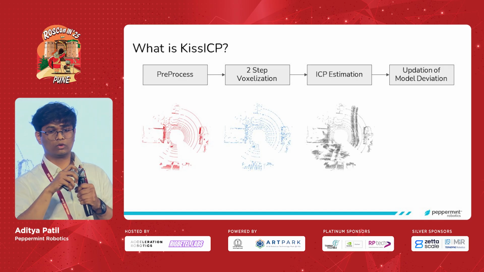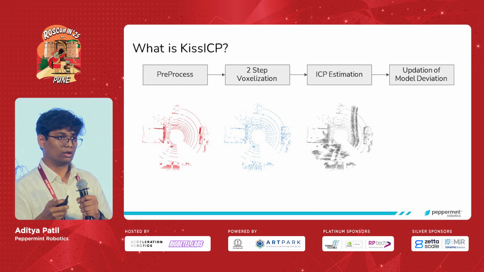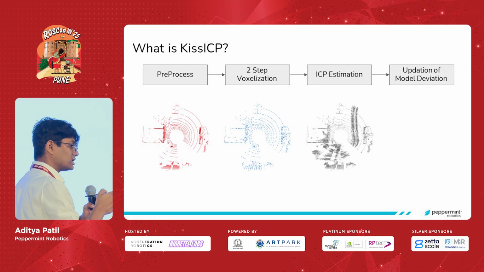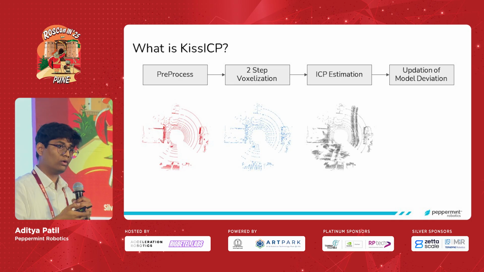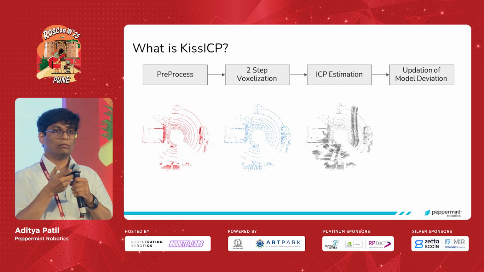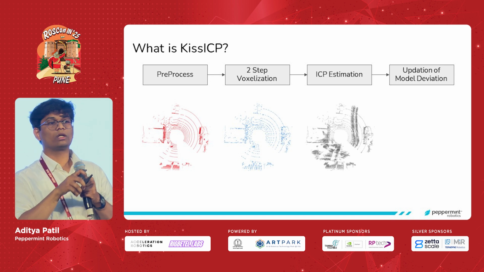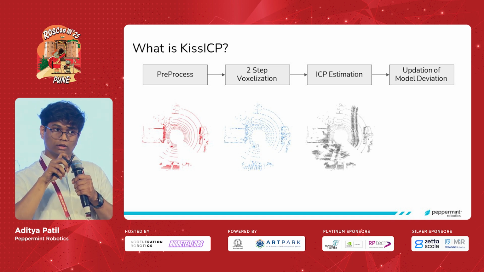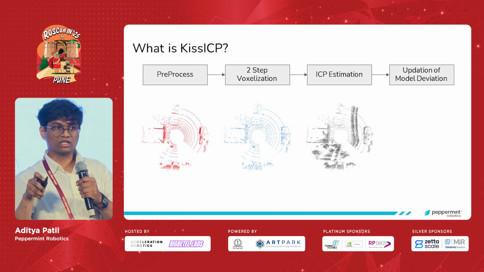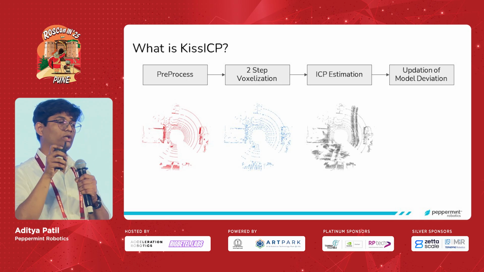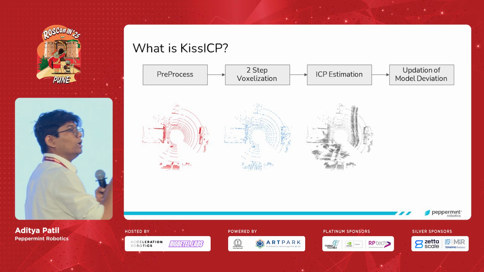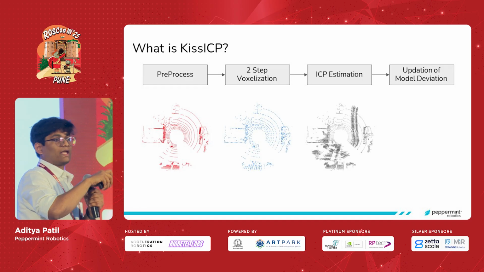Then we perform a two-step voxelization process. Voxelization is downsampling the point cloud into fewer points, where you ensure you do not remove all the necessary features, while keeping the size of your point cloud manageable.